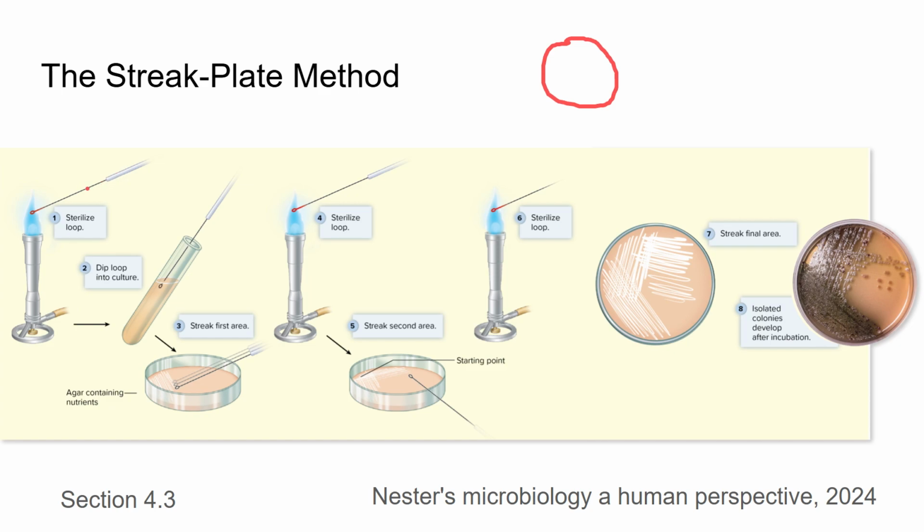If you have a wire loop, you will flame it in order to sterilize it. If you're using plastic pre-sterilized loops, you'll just grab a new one every time. So you'll take your sterilized loop, inoculate it, dip it into the bacteria, and then streak this first area, and that's going to look kind of like this. Just go back and forth with it.